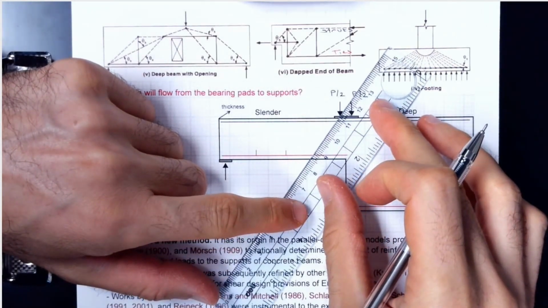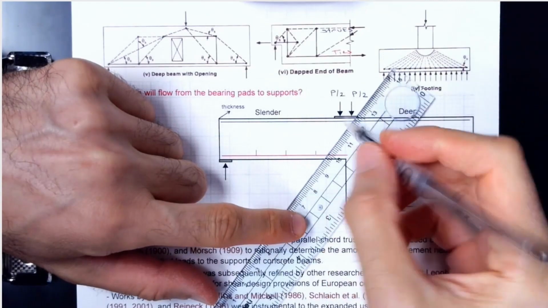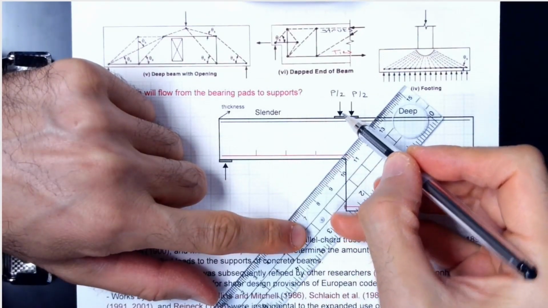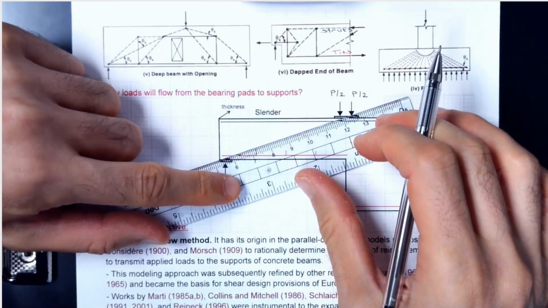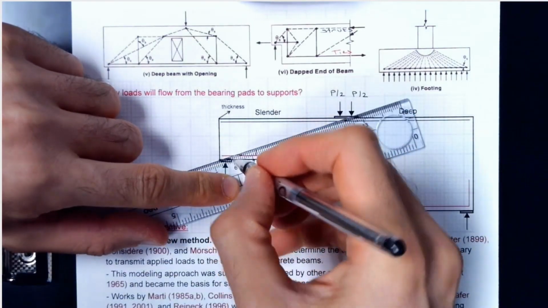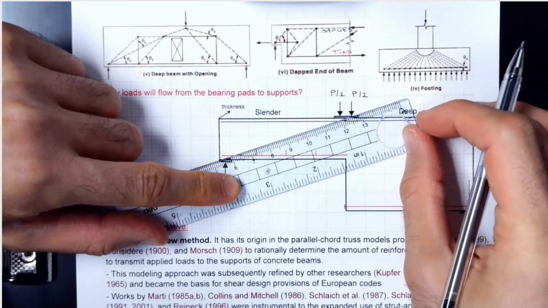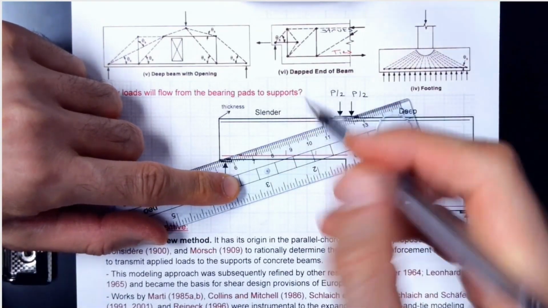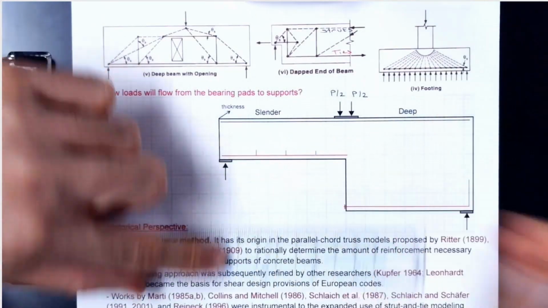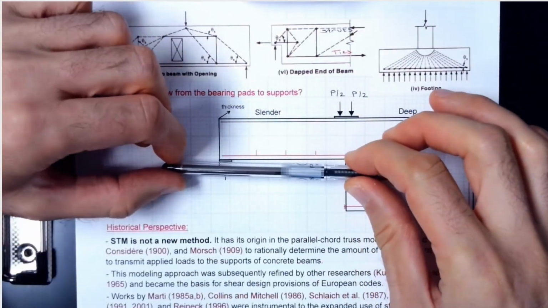So strut and tie model, the logic is based on this. Your purpose is to move this load to the support, right? If you move it like this directly, it is not going to work because the angle would be too shallow. That is a very important distinction with strut and tie methods.